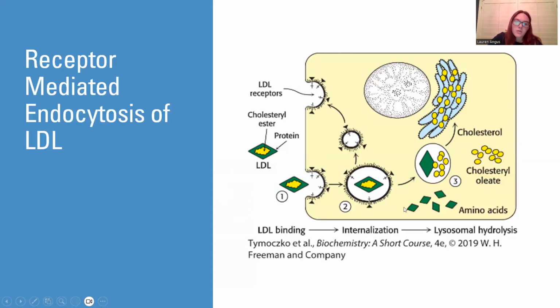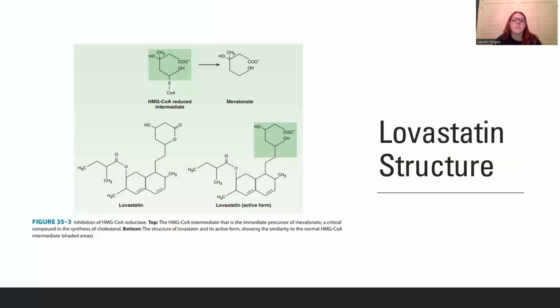So the LDL will bind to the LDL receptor, and this complex will get internalized within the cell. Then this will bind to a lysosome, which will hydrolyze the LDL to free amino acids, and cholesterol will be released here. When your cells die, cholesterol is released into the bloodstream because it gets released either from the storage or from the membrane itself.